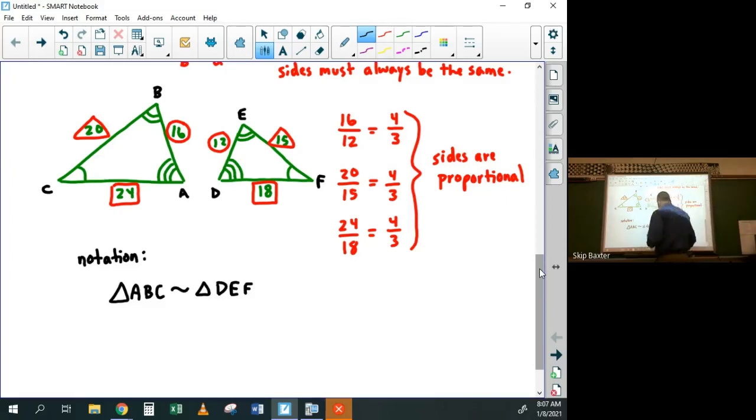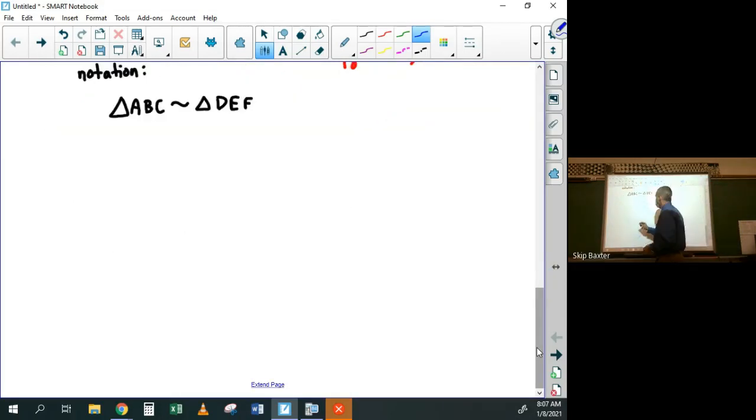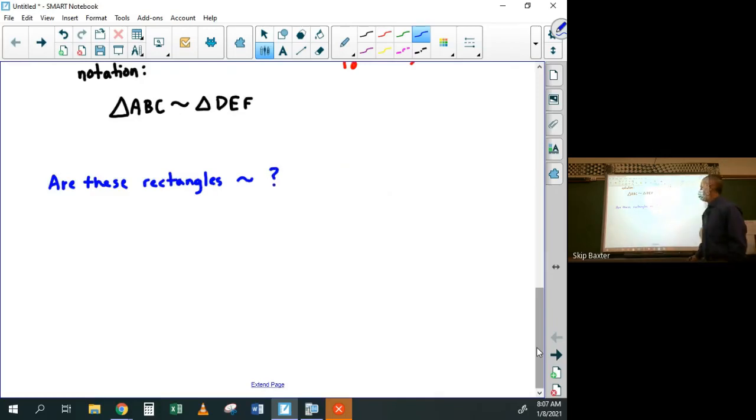Okay, so what if they gave us two figures and they wanted us to answer the question, are they similar? So what if they said, let's suppose we have rectangles. Are these rectangles similar? And they gave us a picture.